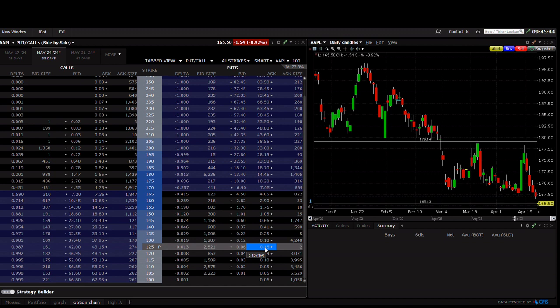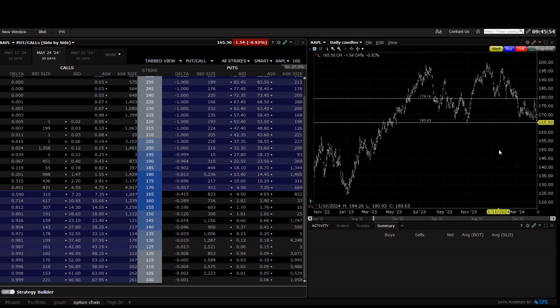What we just discussed is from a buyer's perspective. From a seller's perspective, a retail seller will think, okay, the price will never go below 125. So they can sell this option for 15 cents per contract.